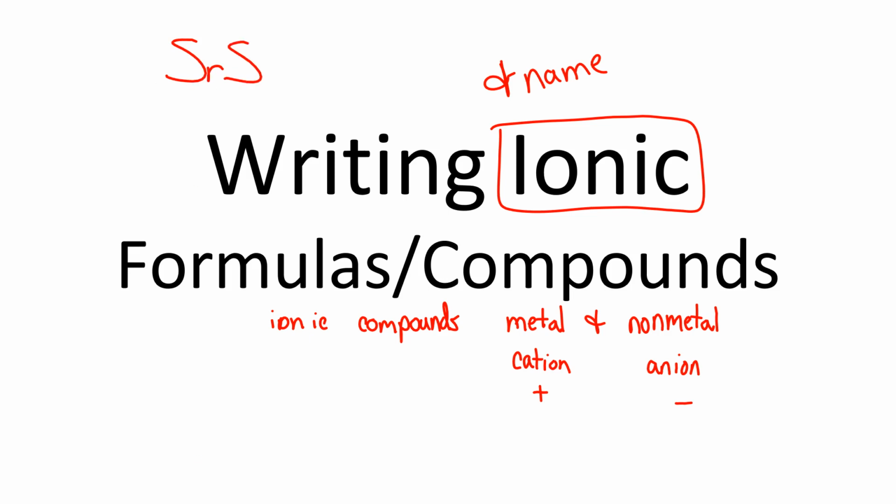All right. Now, if I look at a compound made of strontium and sulfur, which one of those is the metal? Which one is on the left side of the periodic table? All right, so that is my metal.